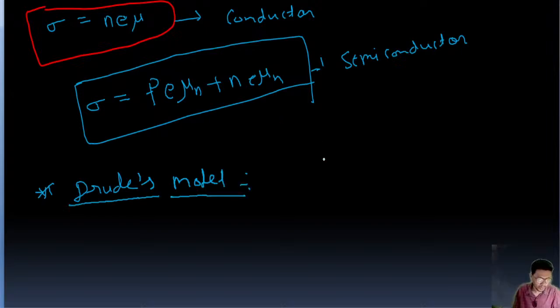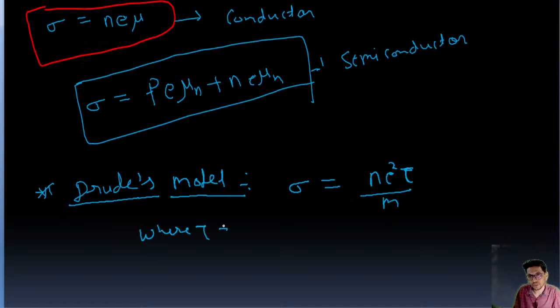According to Drude's model, the conductivity is N e squared tau upon m, where tau is the relaxation time.